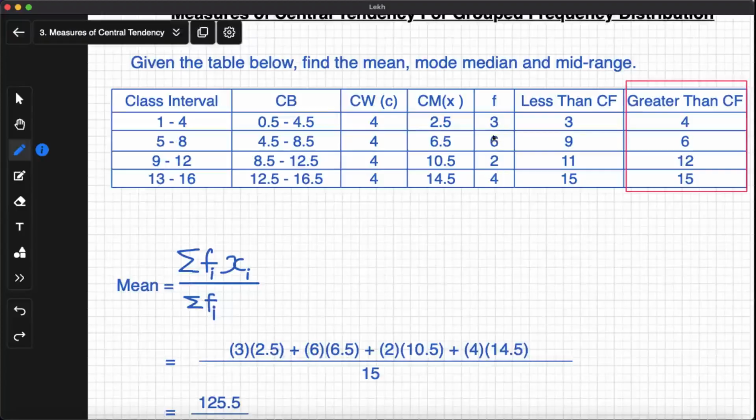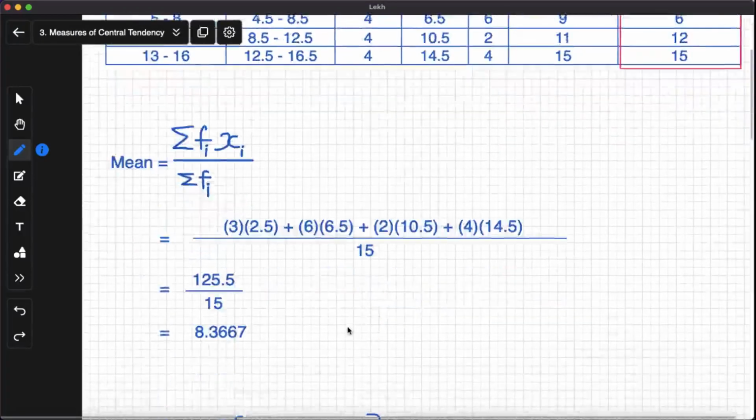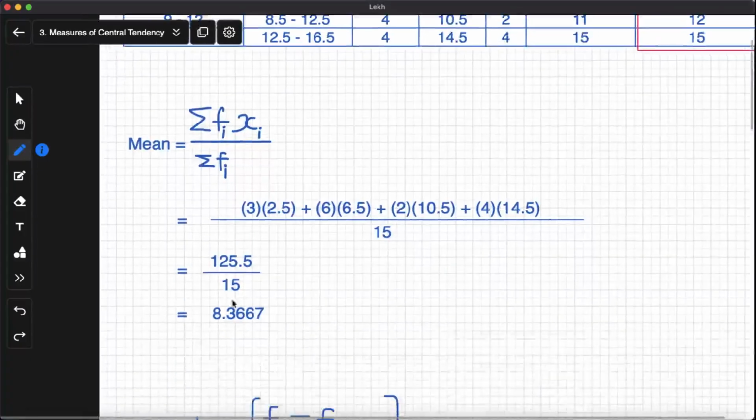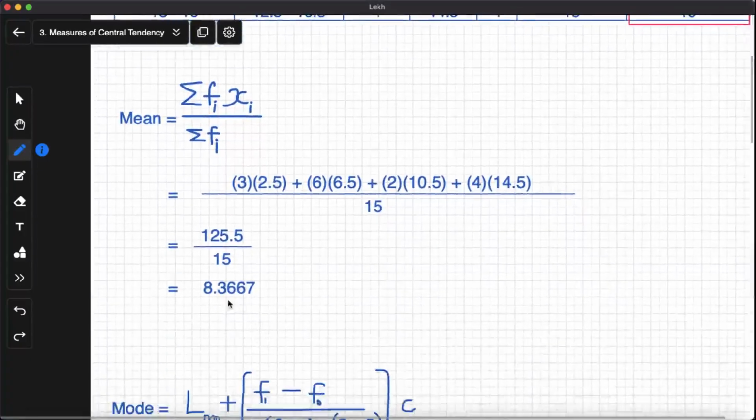And the frequencies, 3, 6, 2, 4, which are what you have here. You just multiply them accordingly and divide, because when you sum all the frequencies here, you get 15. Then you divide by 15 to get that value, 8.3667.